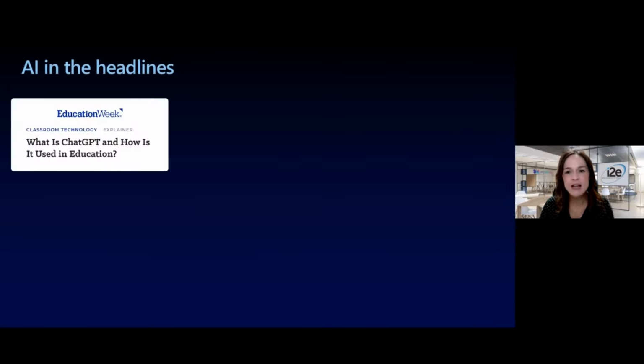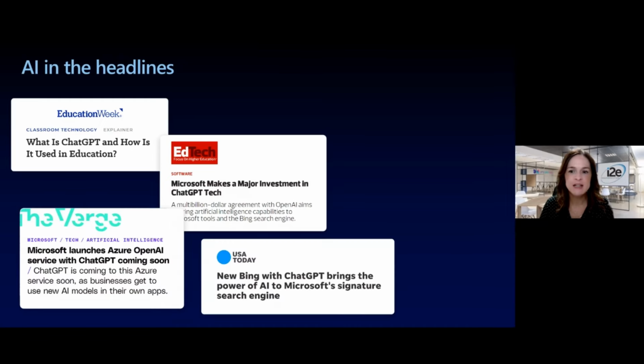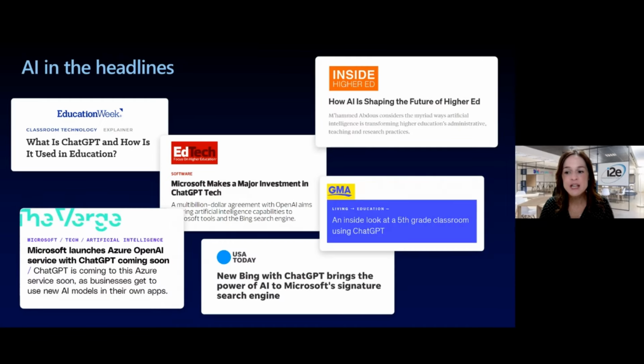Now, we've seen a lot of AI in the headlines, right? The pressures today are very different than several years ago. We had a pandemic disruption, the workforce is changing, industries are shifting. We have a much more connected global population, more security threats, but the pace of technology has not slowed one bit.